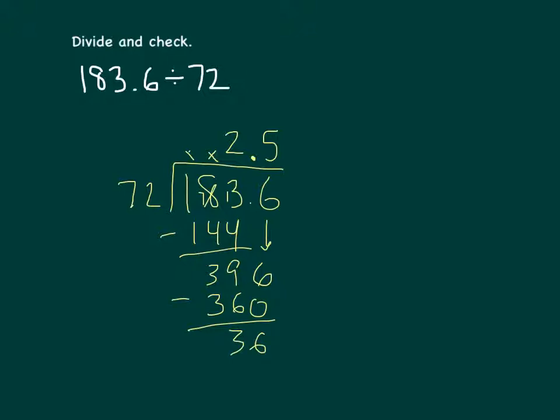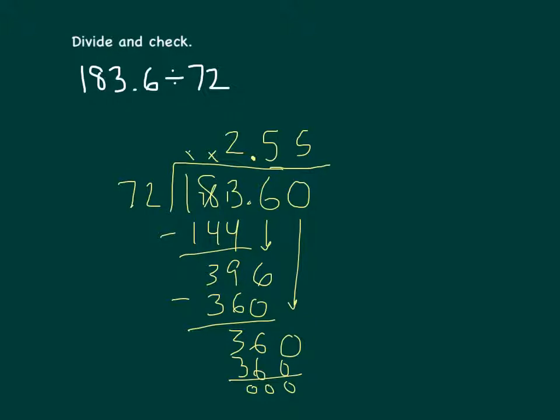I have 36 left over. I don't want to make a remainder, so I'm just going to add a 0 here, because that's just adding a 0 in the hundreds place, and there in fact is nothing in the hundreds place. I'm going to bring that down. I get 360. I know that's going to be 5 because I just did it. And now I have nothing left over.